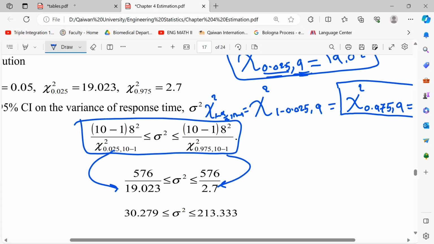The S has to be an even number? Sorry? S? No, S is the sample size. It could be even or odd, but it must not be 0 or negative.